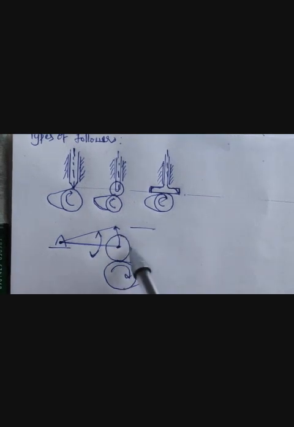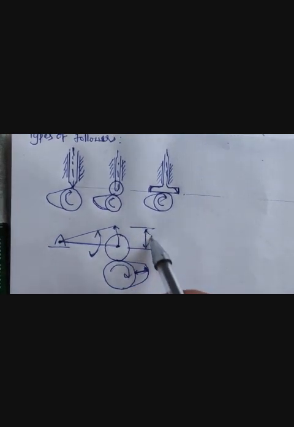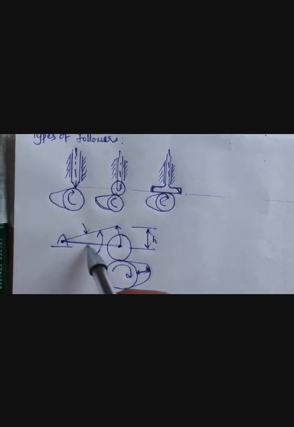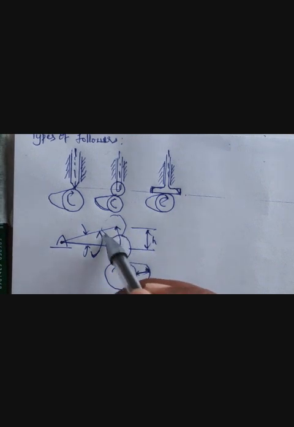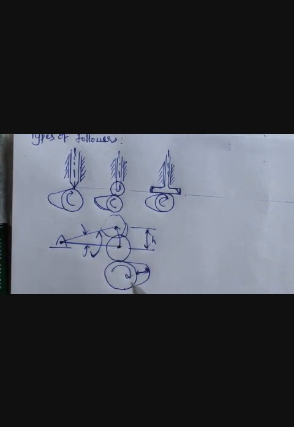Here they would not give you the height, but they would give you the angle through which this oscillating follower would reach a new position from the lowest position.